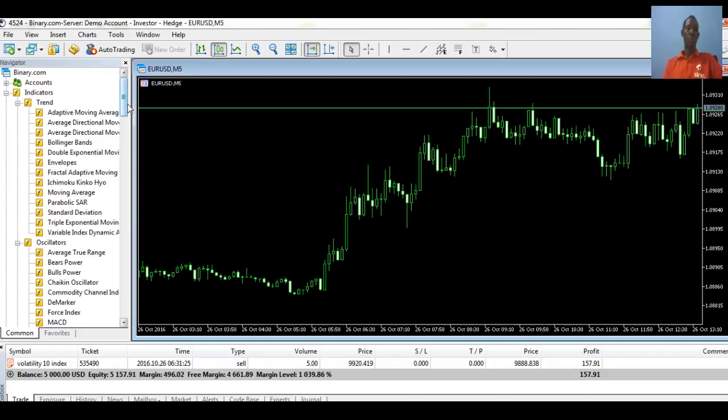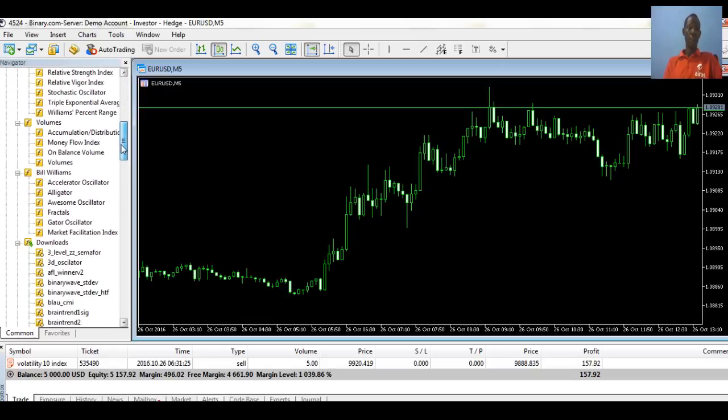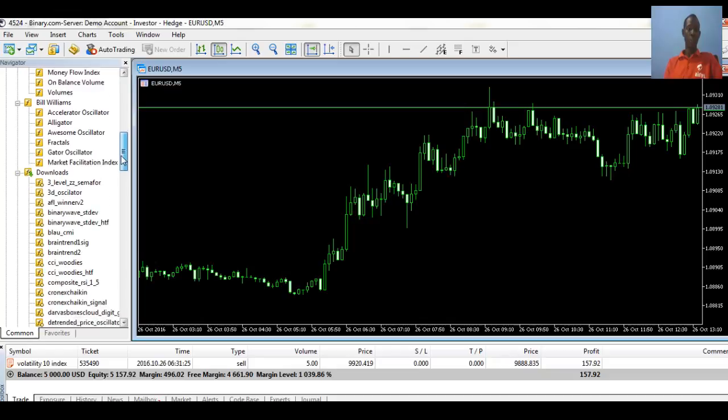So what we're going to do is just set up the indicators we'll be using with this. The very first indicator I will put in there is forex line. I have what is called forex line.